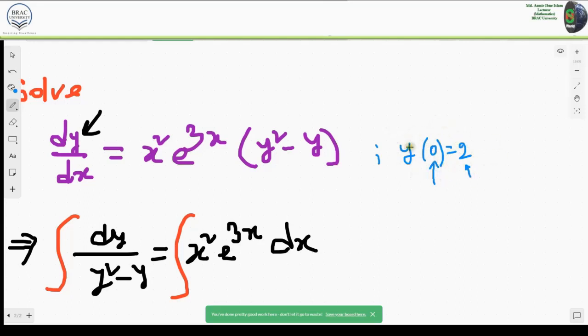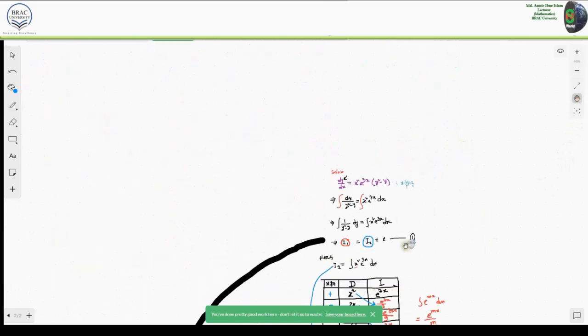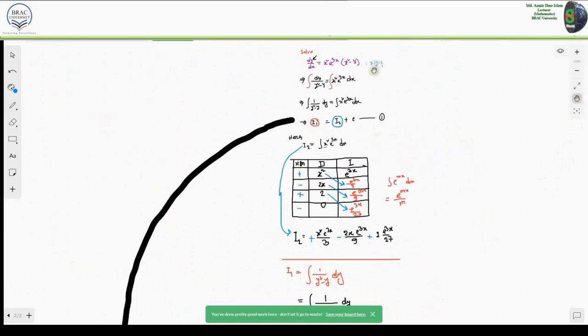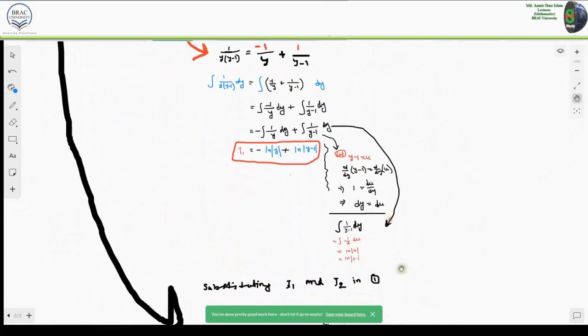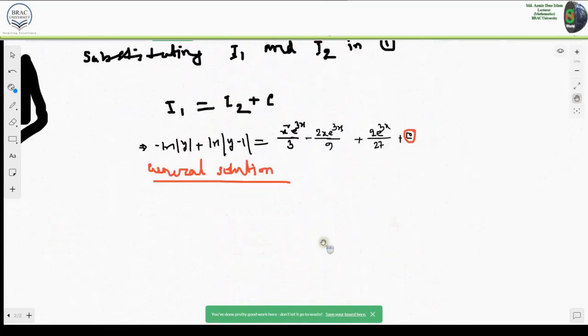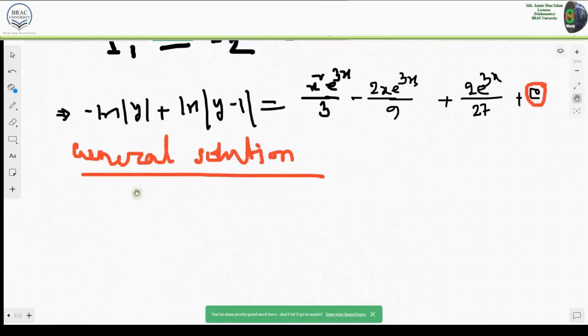We can say when x equal to 0, then y equal to 2. So using this initial value we can eliminate the constant C.